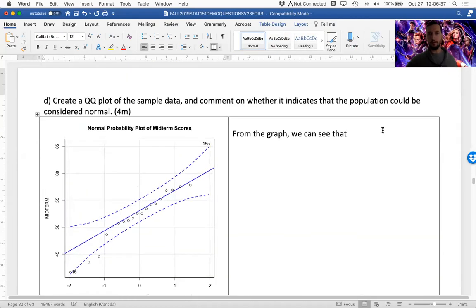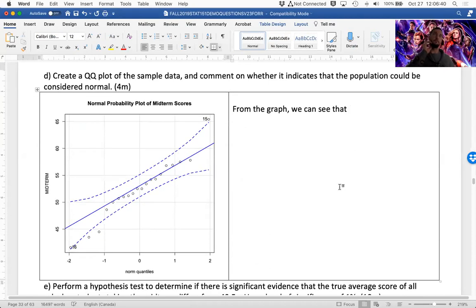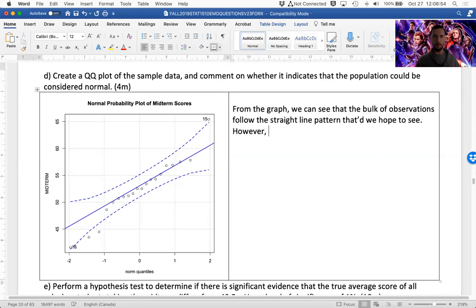Okay, so what can we see from this normal probability plot? Well, we can see that the bulk of observations follow the straight line pattern that we'd hope to see. However, in each tail, we notice that there are values that deviate from that straight line relationship.